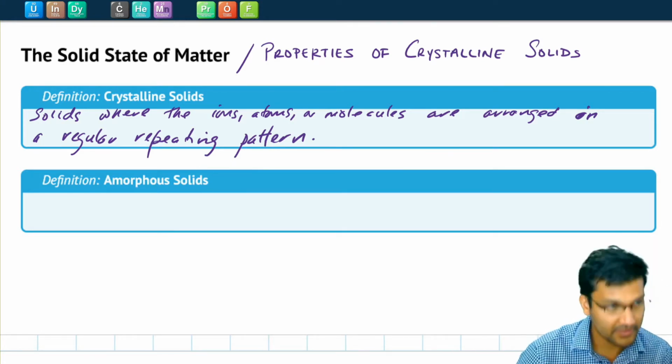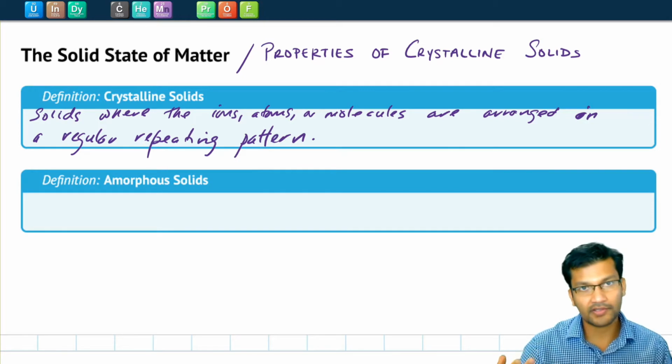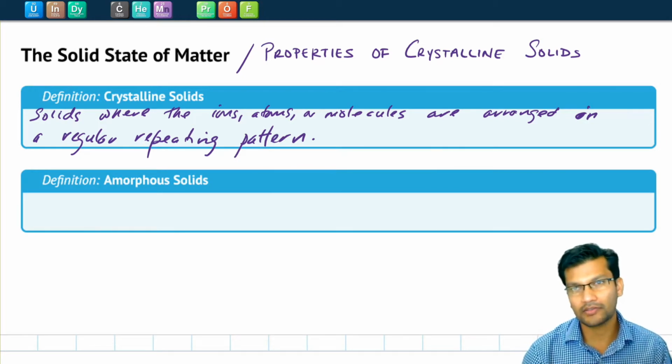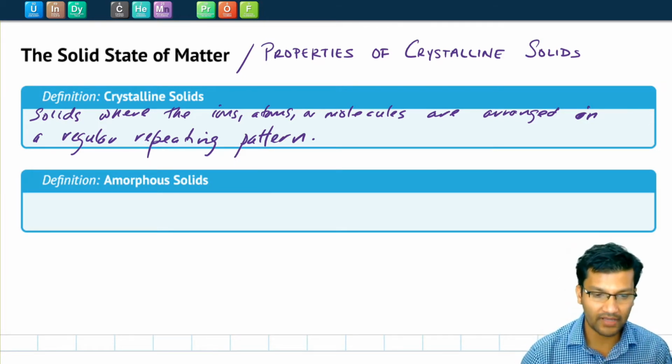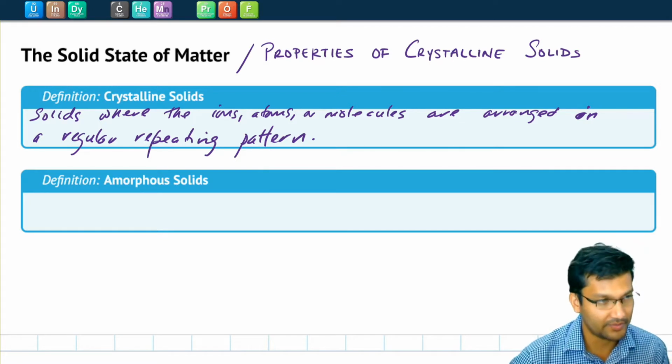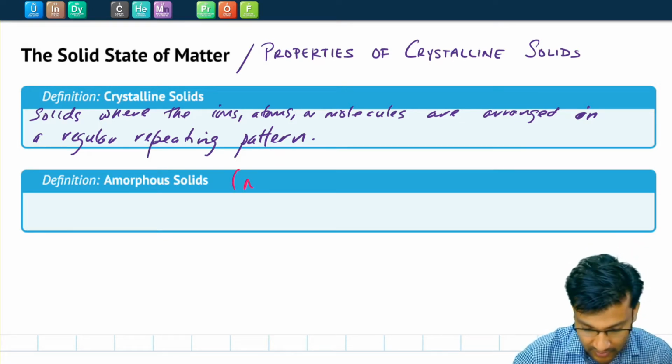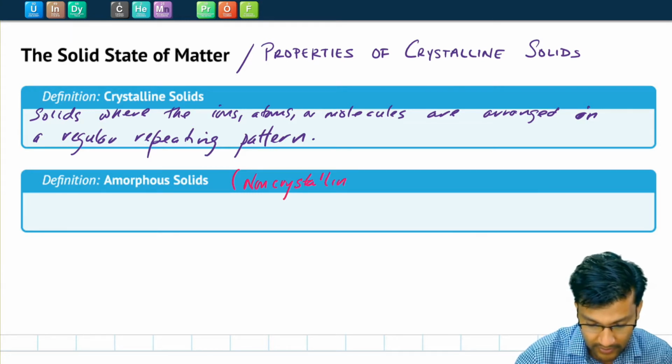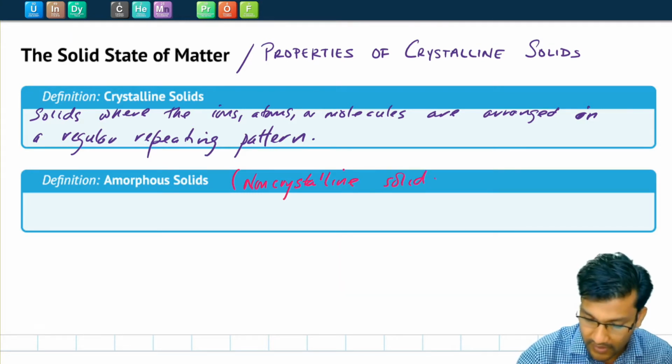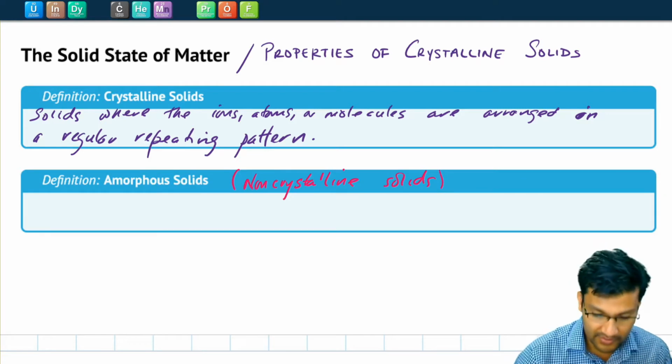As for amorphous solids, it's quite the opposite. It's those solids where there's no real structure to it. Things just seem to be haphazardly placed, if you will. Sometimes these can be called non-crystalline solids.